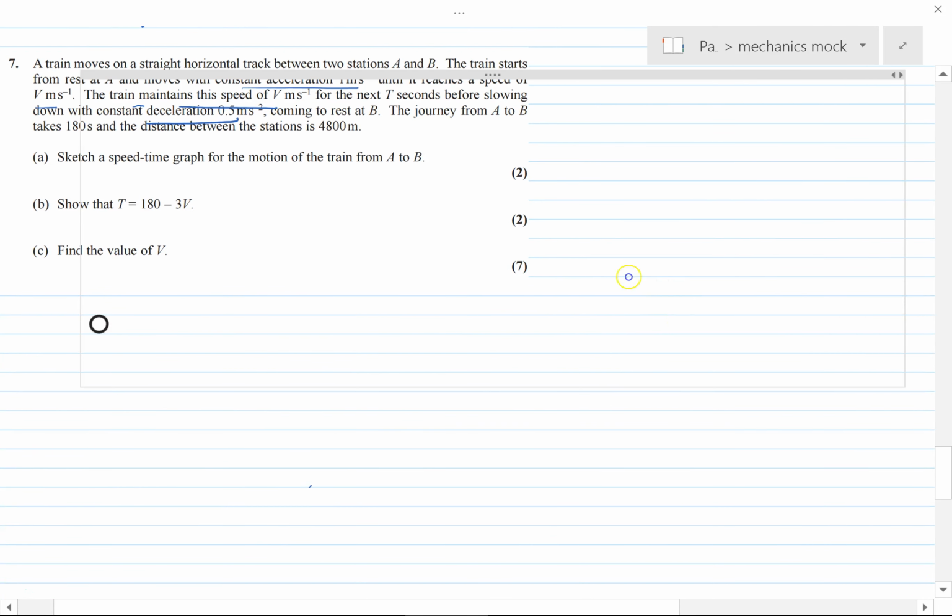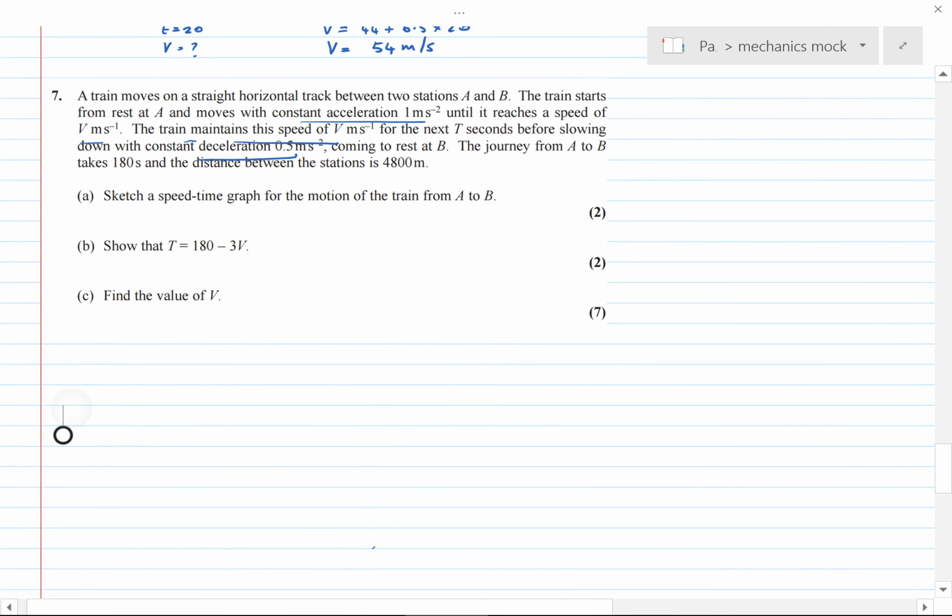So it's going to accelerate, then it's going to maintain a certain speed v, and then it's going to decelerate. And we've got speed and time.